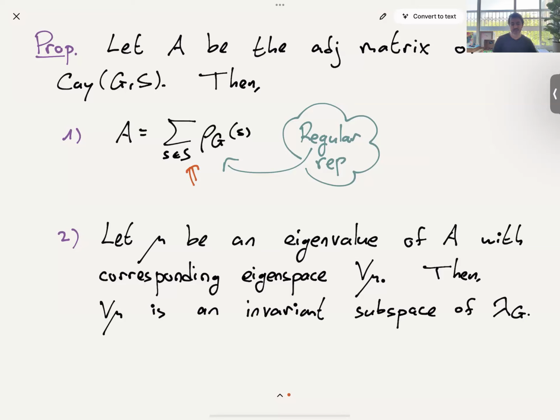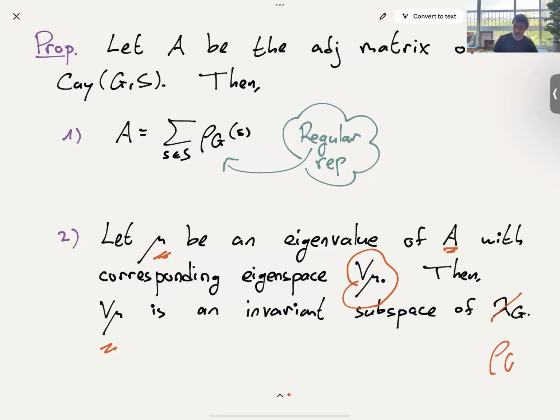That's what we said in the seminar. We said that really the adjacency matrix is essentially a convolution, and this is one way to describe it. So that's essentially by definition. And the second thing, which maybe requires a little bit more work, but is also straightforward, is that if you take an eigenvalue of the adjacency matrix and consider the eigenspace of that eigenvalue, then this eigenspace is an invariant subspace of rho.